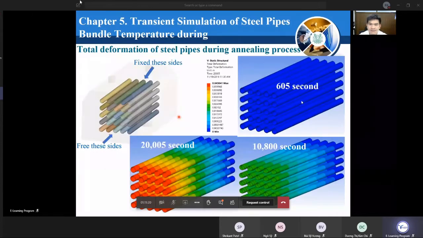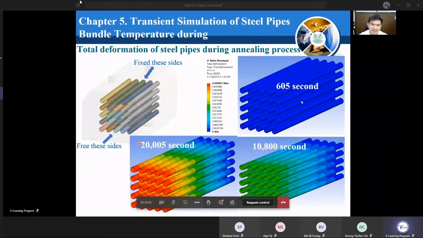And then the author also performed the total deformation of the steel pipe during the annealing process. This is of course because during the annealing process, the steel pipe will deform and extend. In this case, we fix this side and leave this side free, because we need to have the constraint here.